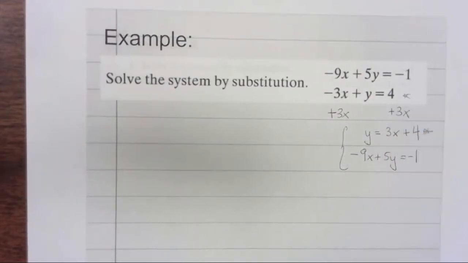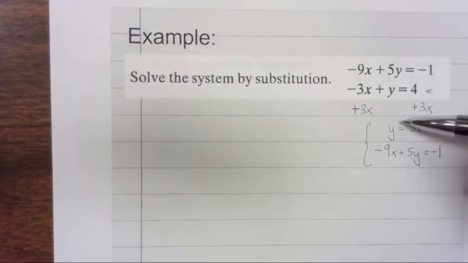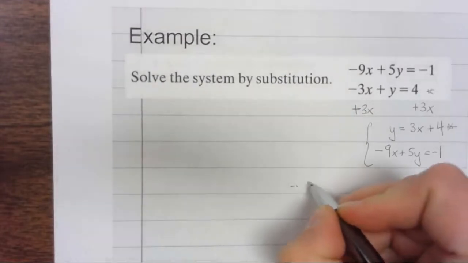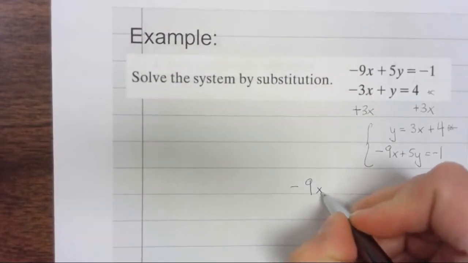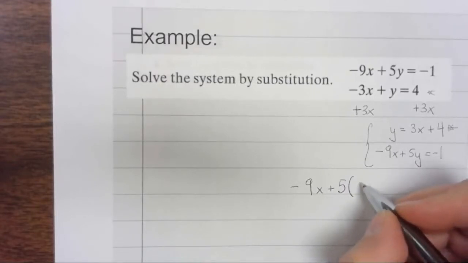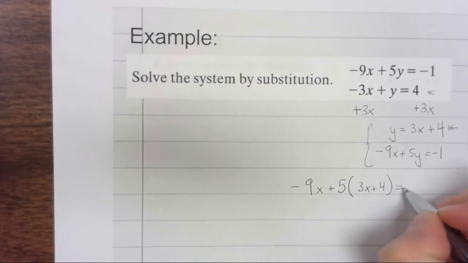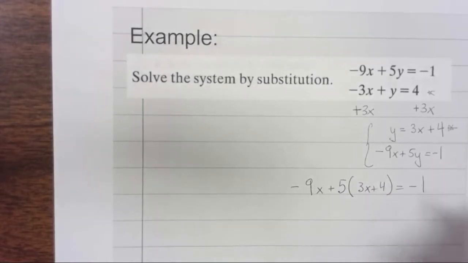So these two are my new equations. Okay, how am I going to do it? Well, y is 3x plus 4, so I'm going to replace it in my second equation. So I have negative 9x plus 5. Instead of y, I'm going to write 3x plus 4, and that equals negative 1.